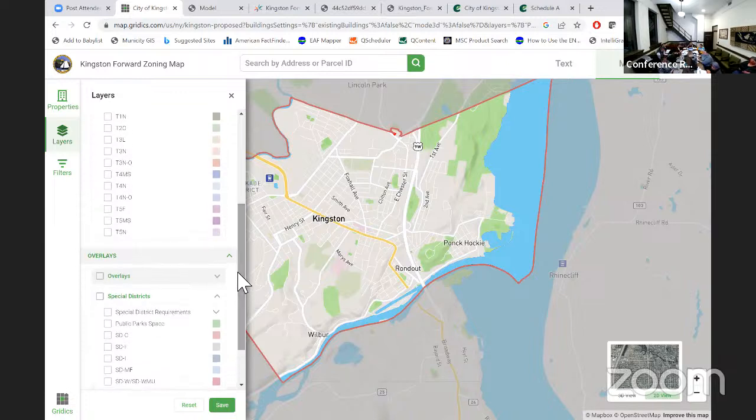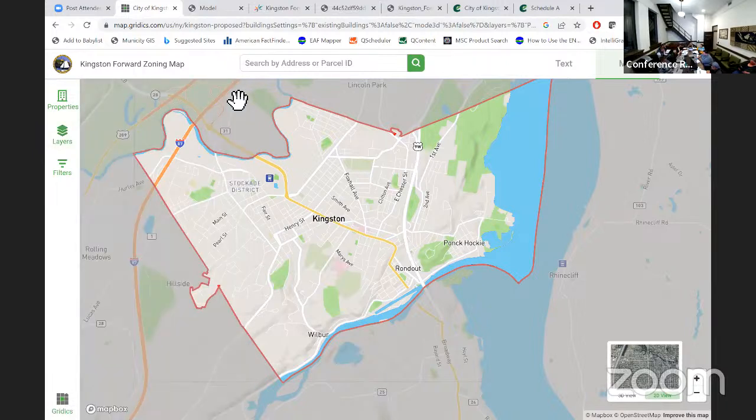Are you talking about any district in the floodplain, or specifically the T districts? Specifically the conservation, in the T2 areas.